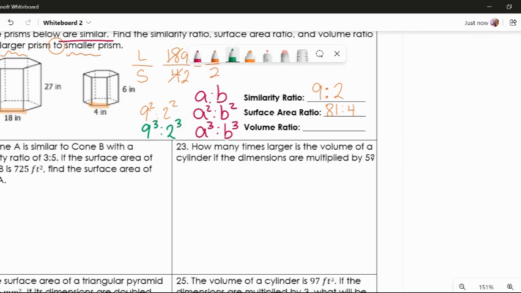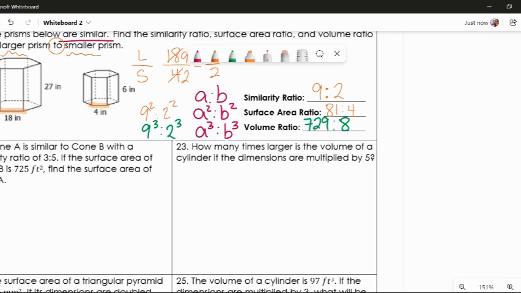And we just need to go to our calculator and see what 9 cubed is. 9 cubed is 729. To 2 cubed is 8. 2 times 2 is 4, times 2 is 8. Okay, so that's what 2 cubed means. 3 2's multiplied together, 2 times 2 times 2. All right, and so those are our similarity ratios, not too bad. A to B for regular similarity ratio, A squared to B squared for surface area ratio, and A cubed to B cubed for volume ratio.